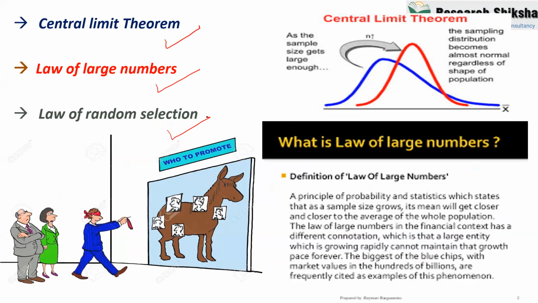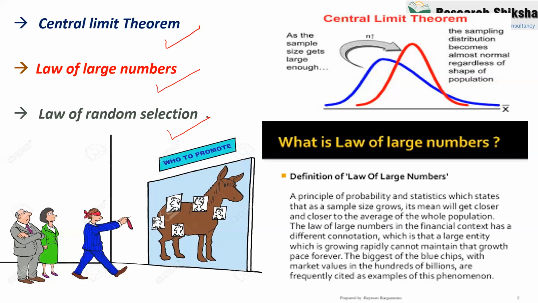Central limit theorem says that if you increase the sample size, the distribution of the variables tends to be normal. I repeat, if you increase the sample size, the distribution of the variables tends to be normal. जितना ज्यादा आप सैंपल साइज बढ़ाते जाएंगे, आपका वेरिएबल्स का डिस्ट्रीब्यूशन नॉर्मल होता जाएगा.